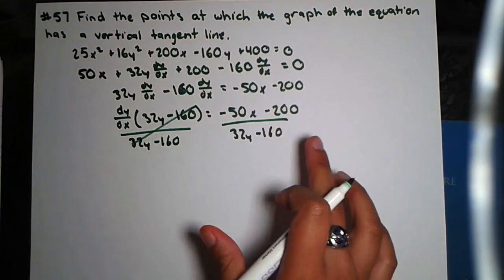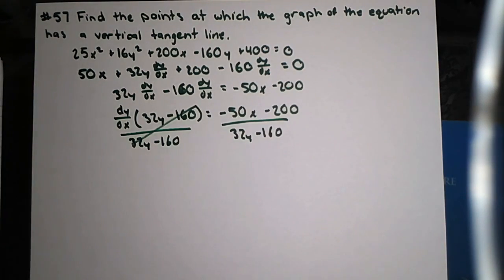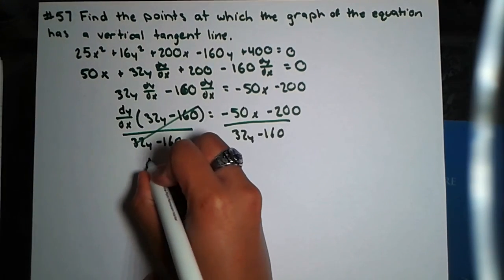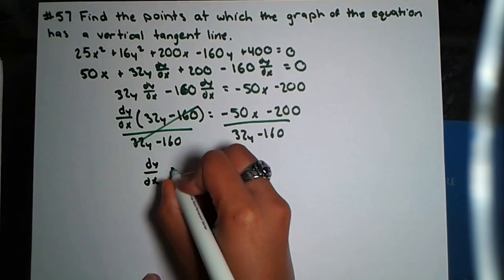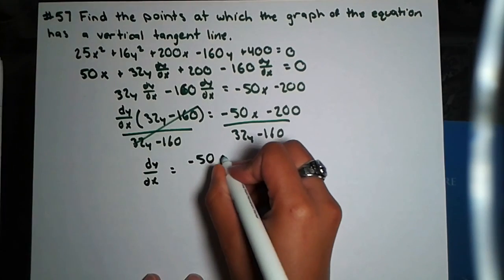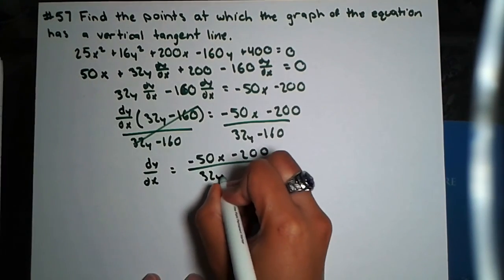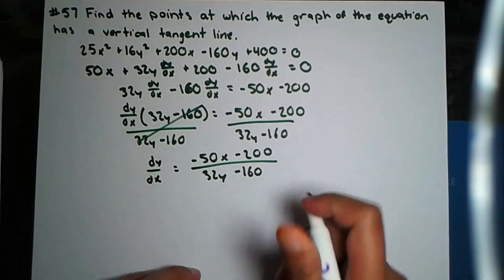And that's your derivative. So dy/dx equals negative 50x minus 200 over 32y minus 160.